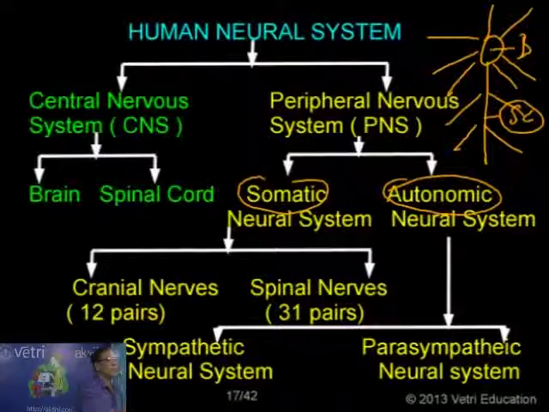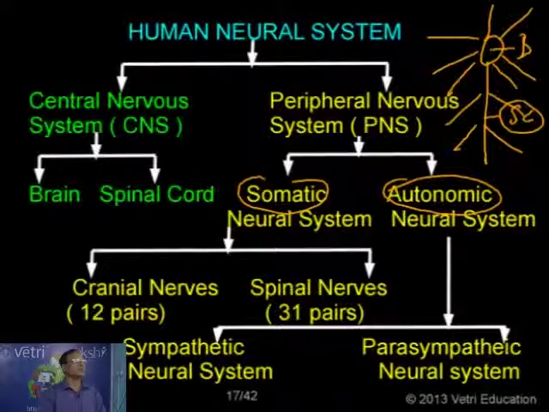Now, the autonomic nervous system, an independent nervous system, has two divisions which work antagonistically, in an opposite manner. For example, one increases saliva secretion, another one decreases it. One accelerates the blood pressure or heartbeat rate, another one decreases the rate of heartbeat.